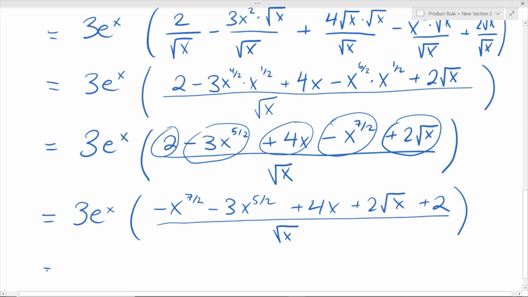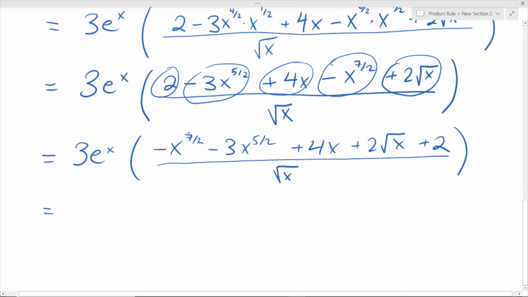And then from here, this term has a positive at the start. We factor out the negative, so this is going to become negative 3 times e to the exponent of x. This is going to become positive then. So x is 7 over 2, factoring out the negative from each of the terms. This is going to in fact become 3. It's x to the exponent of 5 over 2, like that. And then this is going to be a different sign, negative 4x, because we have that negative, right?